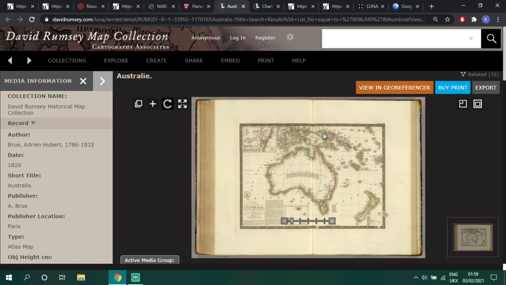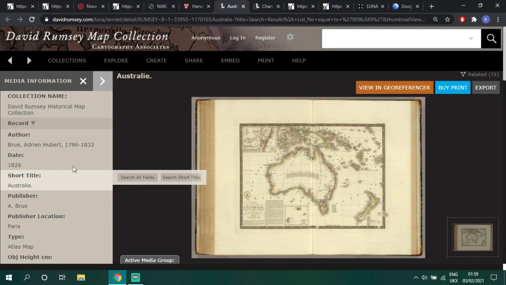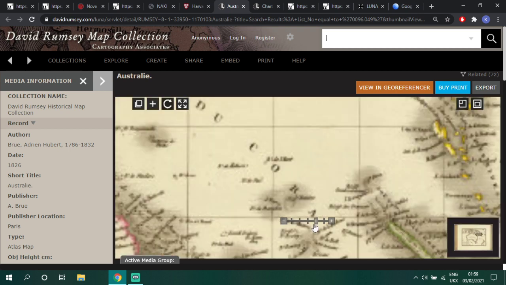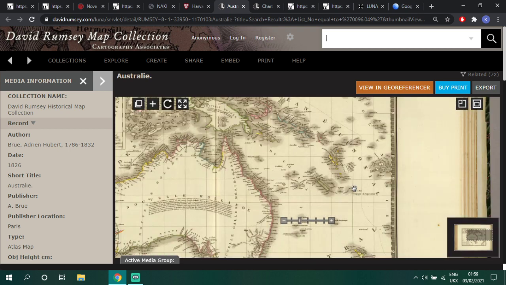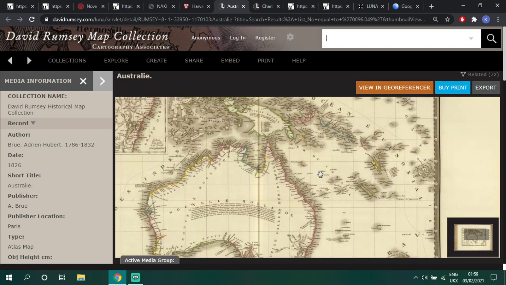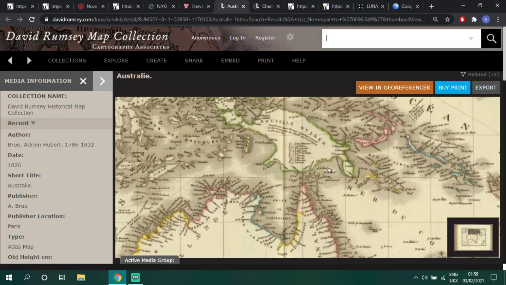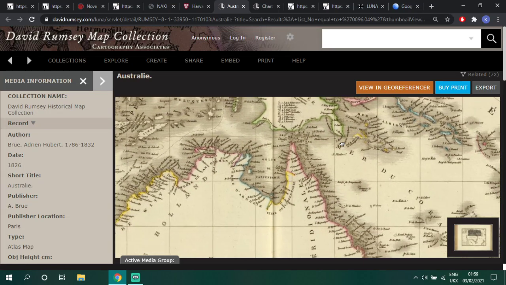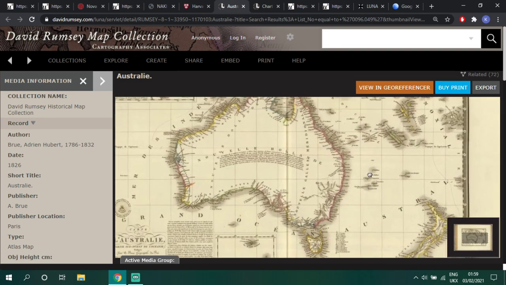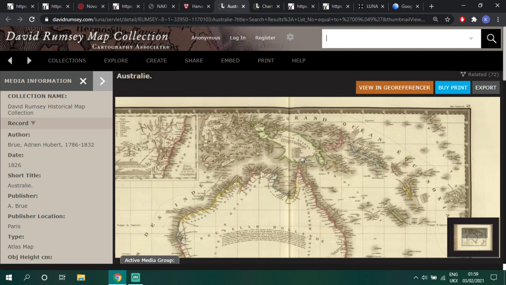One big mystery. So this is a map dated 1826 by A. Brew. What I'm just going to show you with this, oh, too far, is that by this time the cartography is, for one, like, yeah, we've done it, and two, the land masses aren't joined now.